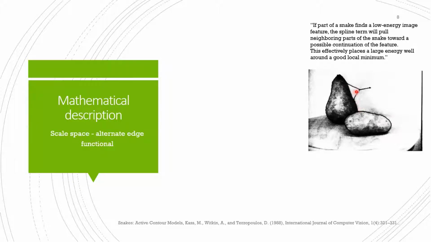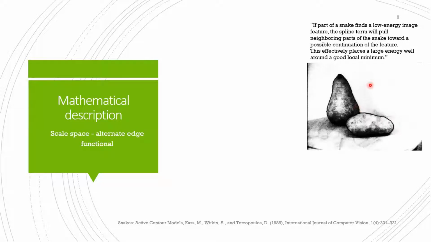Since it is far away, it's probably not getting the gradient of the image at this point, but still, because other portions of the snake have found this image edge, it will actually come and continue in this line. I'll just run it, see. We have released it, and now it is totally in line with this edge.